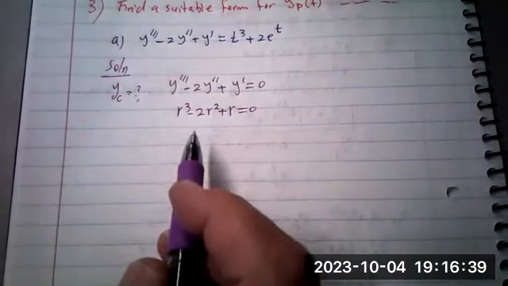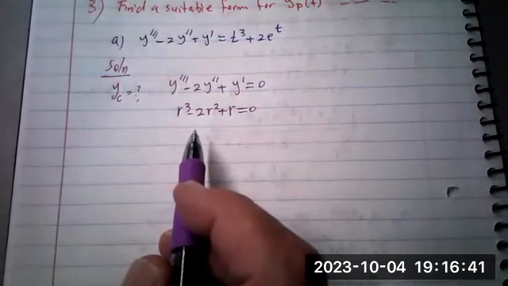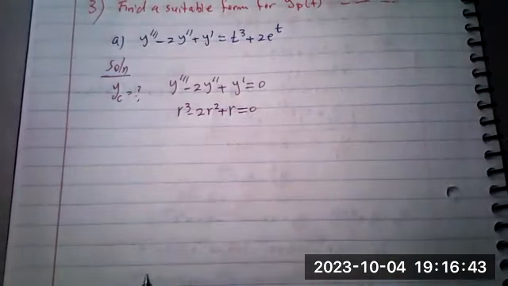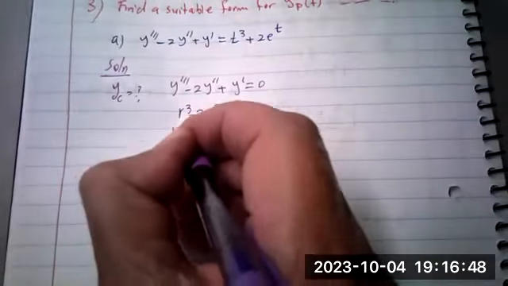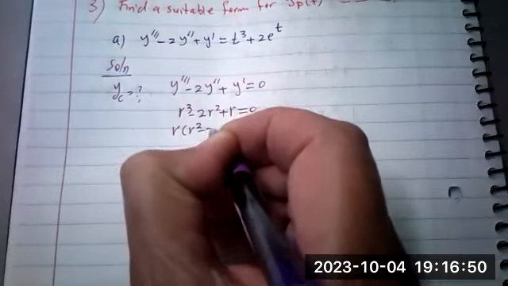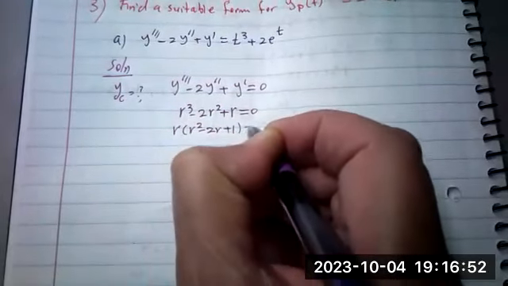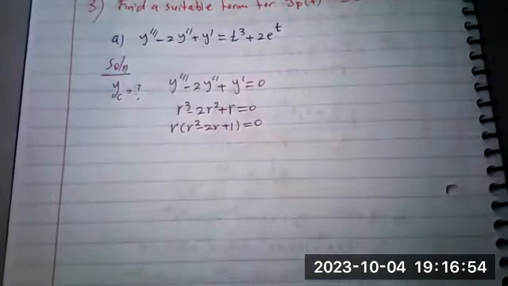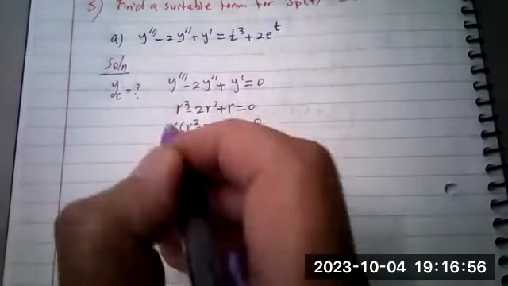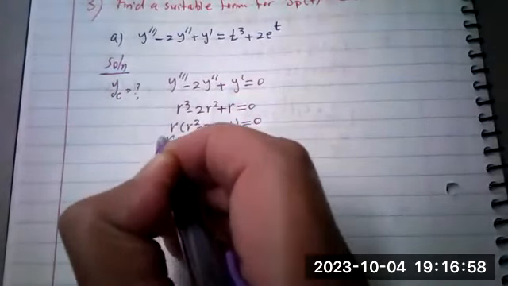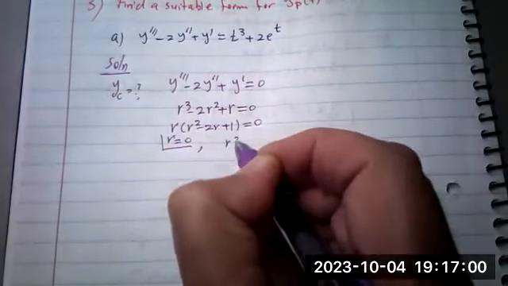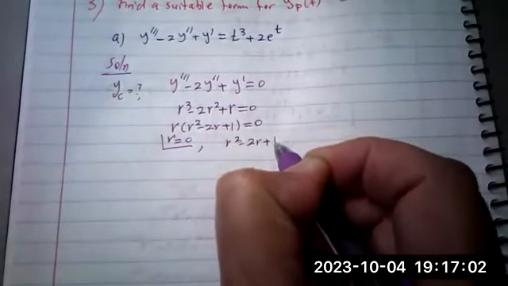Just wait. Okay, this is easy. We can factor it first. Factor out r. That gives r squared minus 2r plus 1 equals 0. So r equals 0 is one of the solutions. And the other one is also factorable.